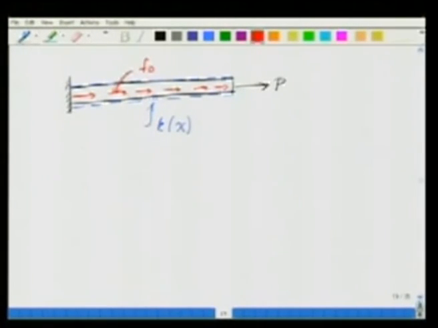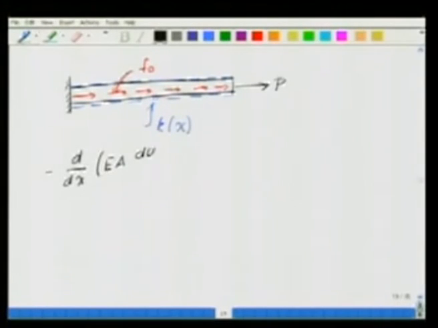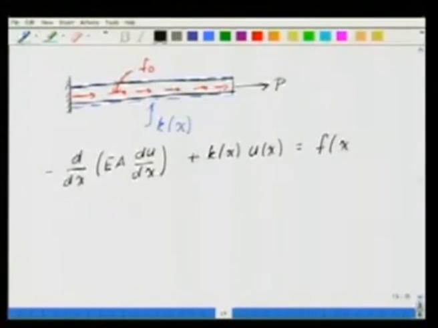In this case I will simply write the differential equation again. It will be d/dx of EA du/dx, with a minus sign, plus k(x) u(x) equal to f(x). So this is the differential equation. The boundary conditions we have already stated.